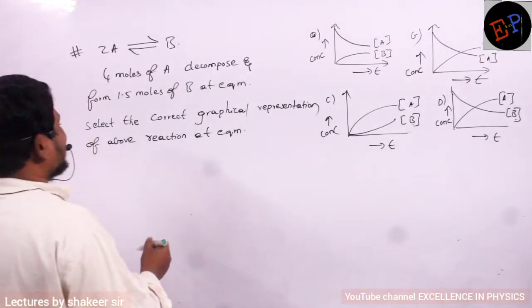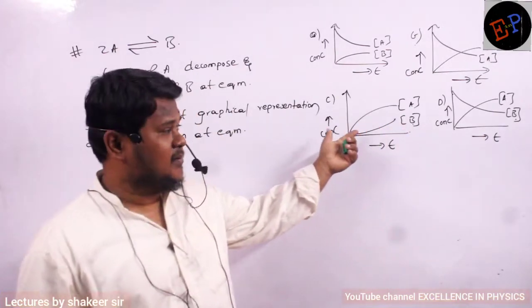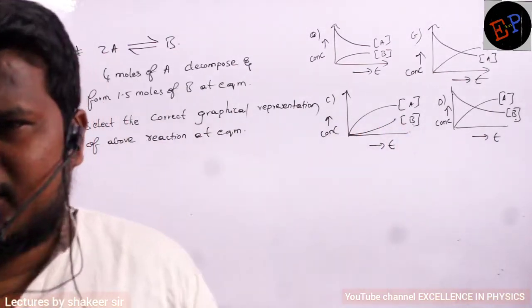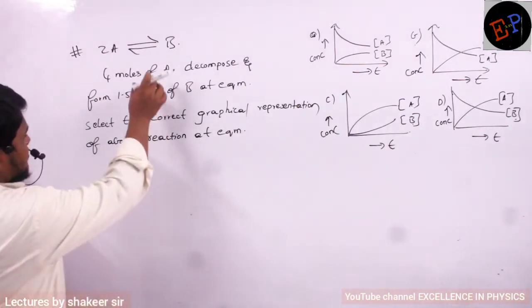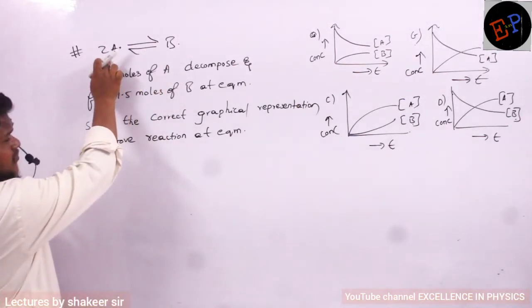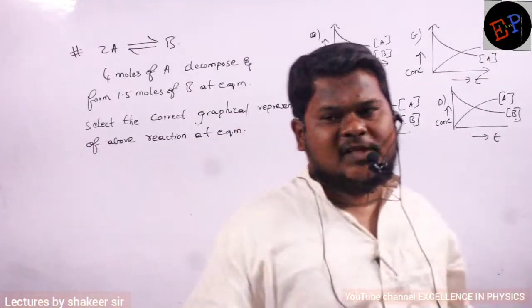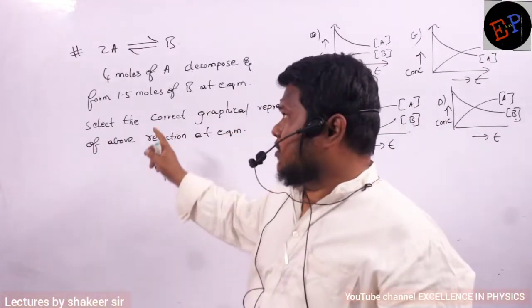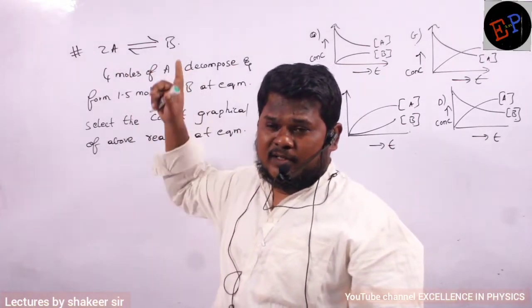So this is the given question, and these are the 4 graphs, 4 options which are given, and we have to select one correct graph out of these 4. This is the reaction: 2 moles of reactant give rise to 1 mole of product. Here the stoichiometric coefficient is 2, and here the stoichiometric coefficient is 1.